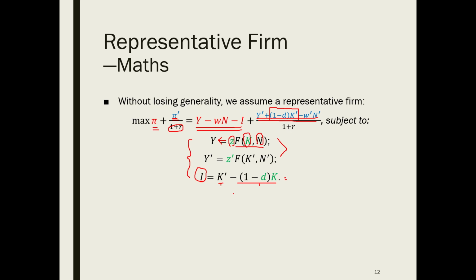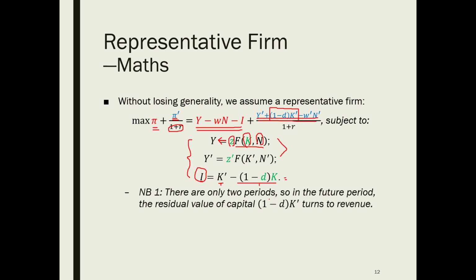Two notes are due here. For simplicity in our two-period model, we assume the residual value of capital, 1 minus d multiplied by k prime, can be turned back to output at the end of the future period. That is why 1 minus d multiplied by k prime is part of the revenue in the future period.